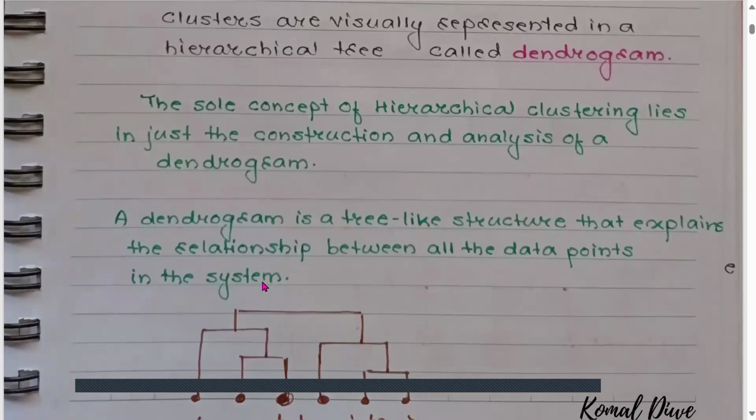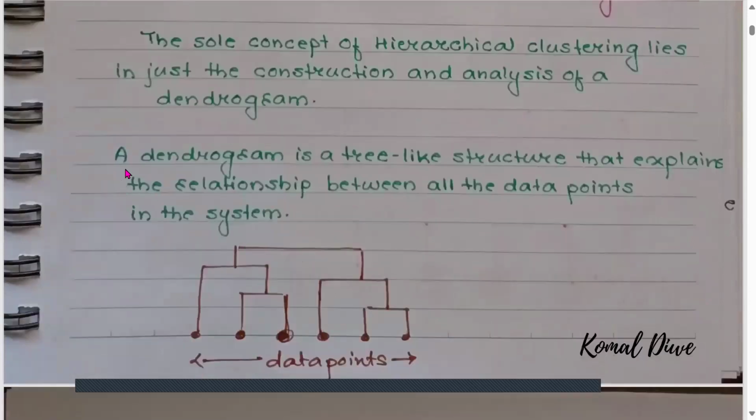A dendrogram is a tree-like structure that explains the relationship between all the data points in the system.